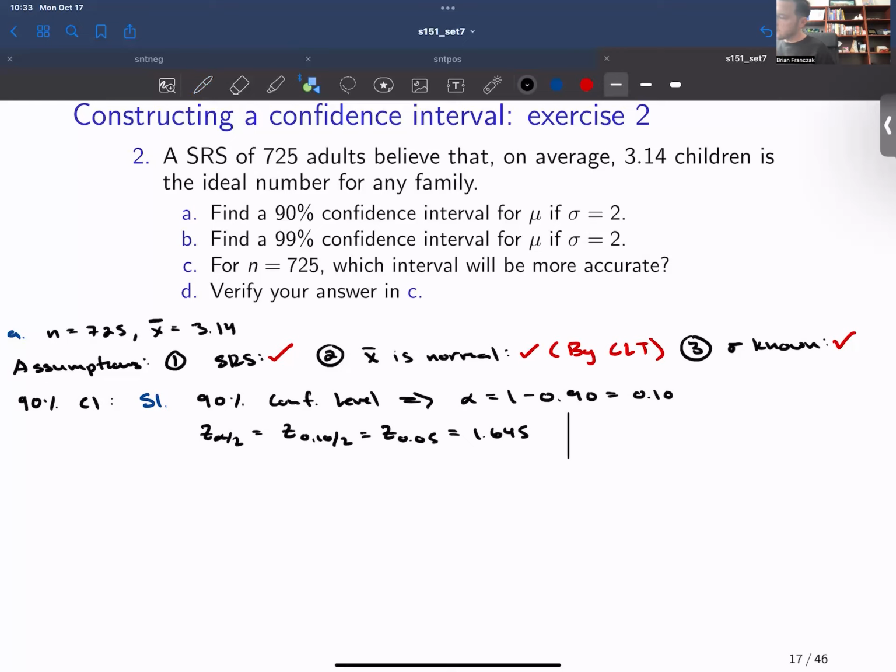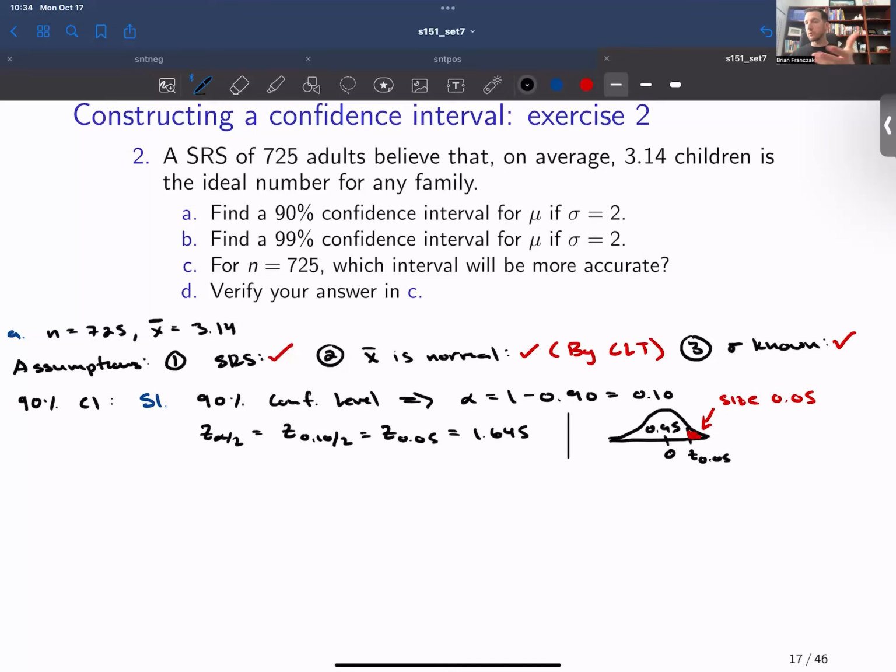Just in case you're wondering where that value came from, at this point we've seen many illustrations of computing this value. If this is a standard normal curve here, we have z 0.05, so this is a size 0.05, which means that this is a size 0.95.